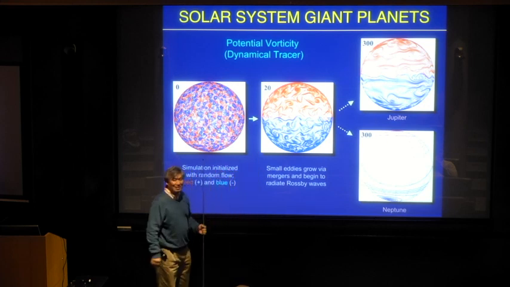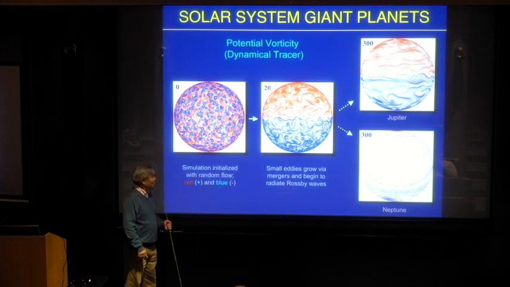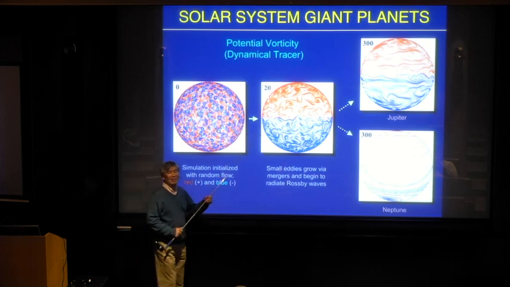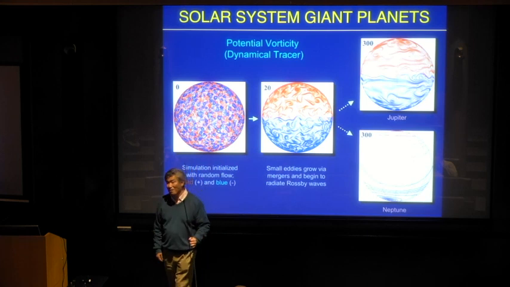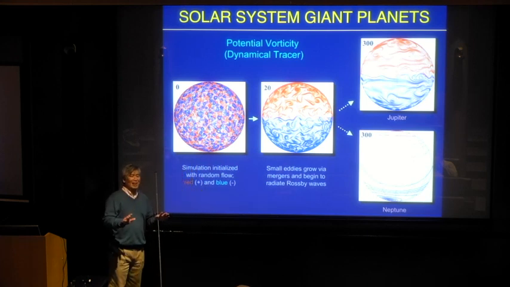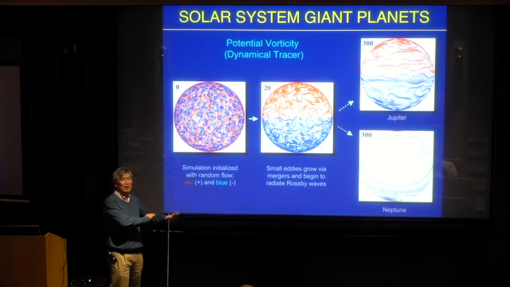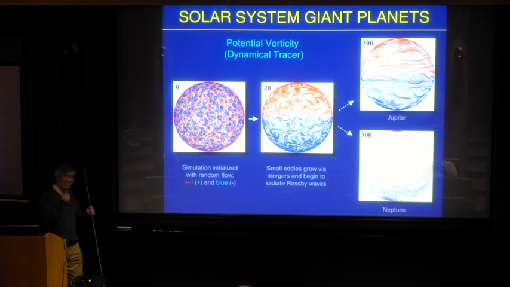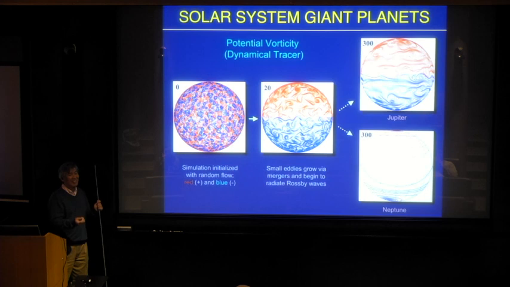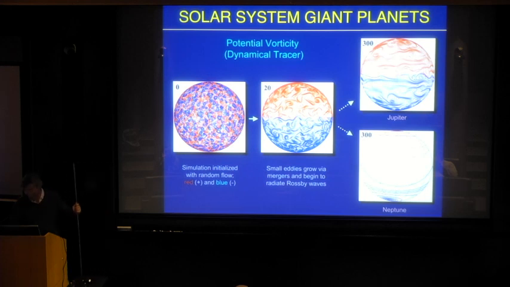If you do the exact same experiment now using Neptune's parameters, remarkably, you get something very close to Neptune. Now I don't want to tell you that this is a perfect model and it predicts everything, but given that it's such a simple model and all you're doing is putting in observed parameters, it does incredibly well.